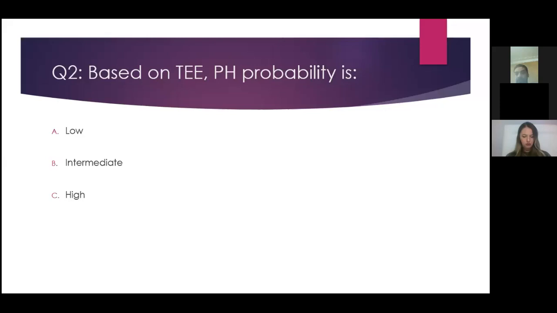We have also the echocardiographic findings, the indirect evidence of pulmonary hypertension. We should look at the ventricles, the pulmonary artery, and the inferior vena cava and right atrium. The right ventricle may be dilated, and we have a flattening of the septum due to the pressure overload of the right ventricle.